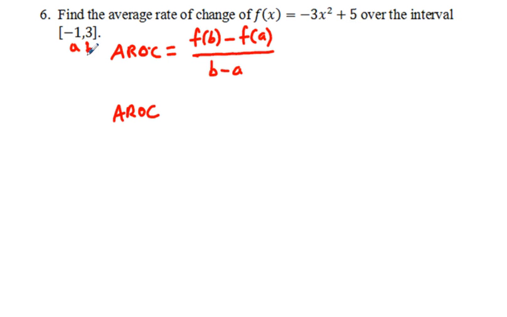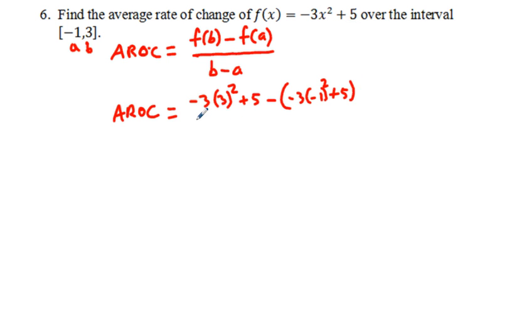over this interval from -1 to 3, closed interval we call it, is going to be f of 3, which we're going to call -3 times 3 squared plus 5, minus, and this time I'm going to put in parentheses, -3 times -1 squared plus 5.